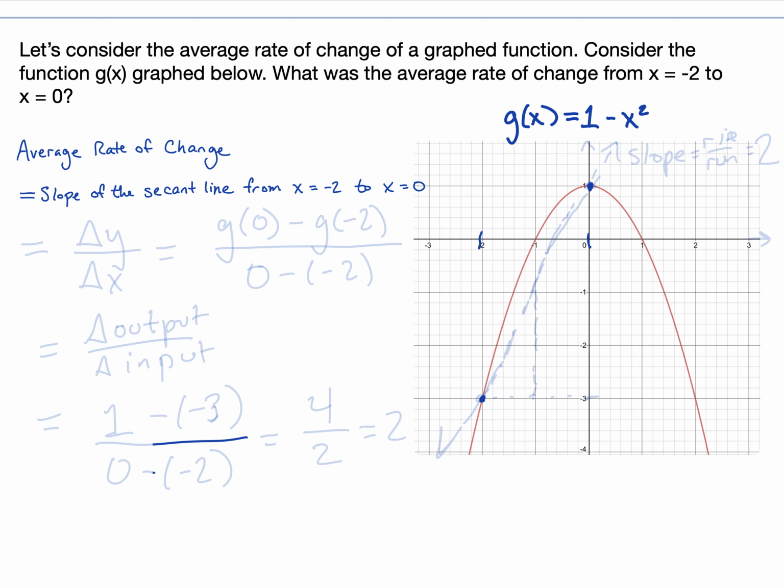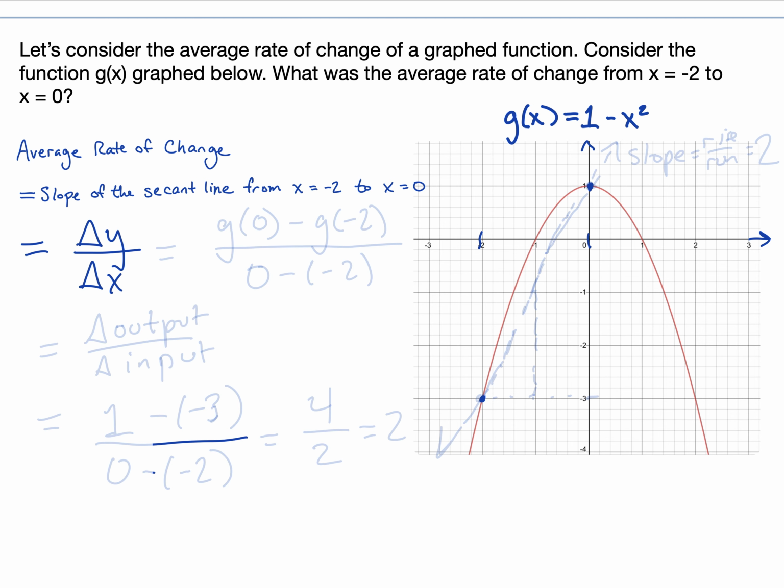The slope of the secant line between those 2 points is equal to the change in y divided by the change in x. If this was a distance and time graph, then the change in x is the change in time on the x-axis, and the change in position would be the y-axis.